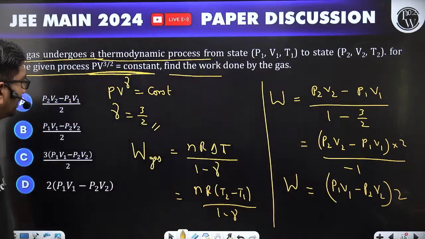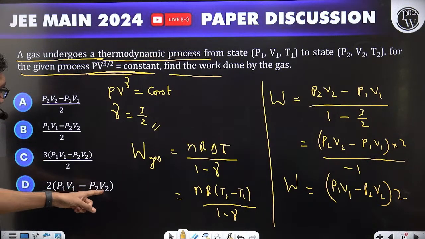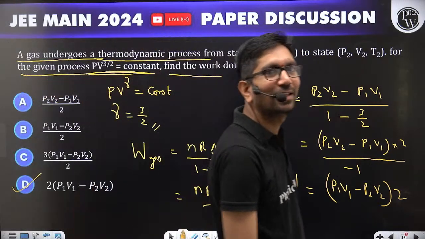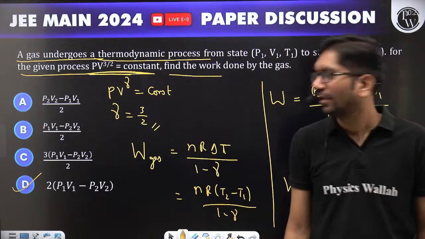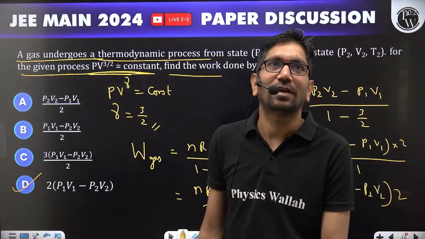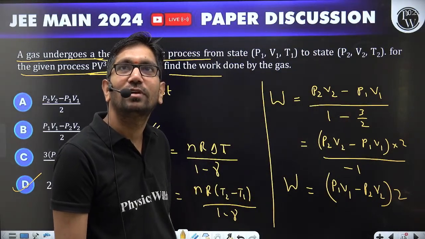Is there an option? P1 V1 minus P2 V2 into 2. Yes, so we got the answer. Option D is the correct answer. Yes, beta. Chalo. So let us move toward the next question now.